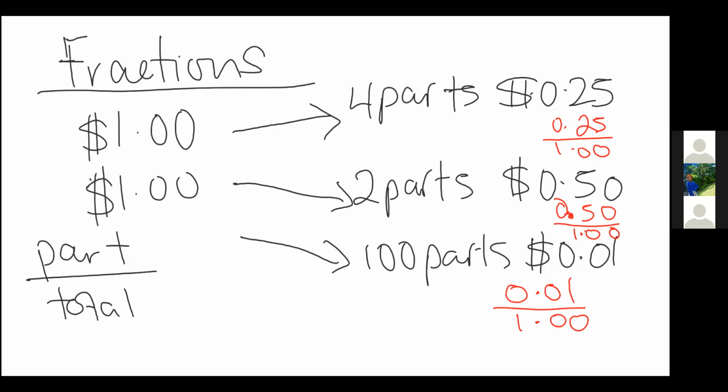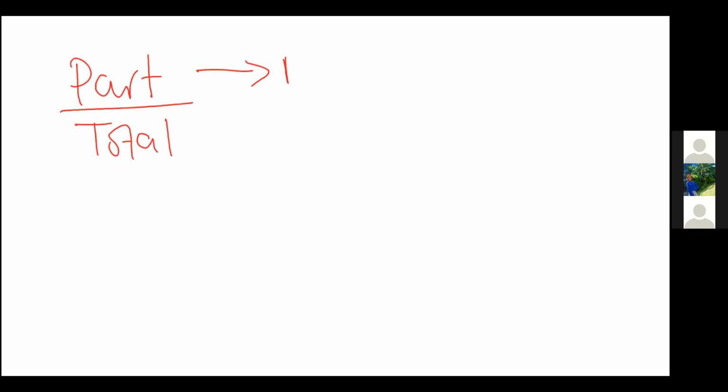So we are going to understand the basics of a fraction now. The part on top, out of the total, is called our numerator. And the part at the bottom is called the denominator.